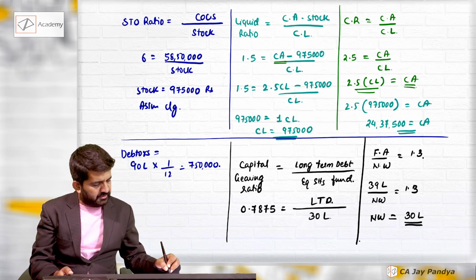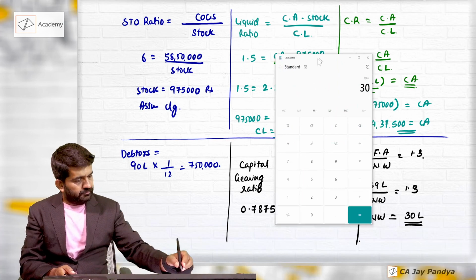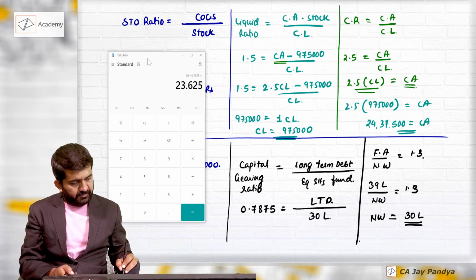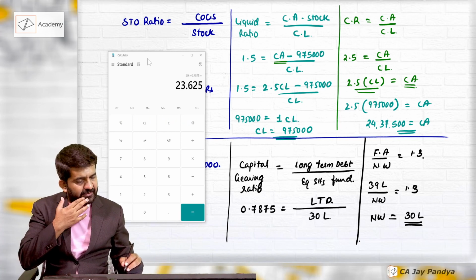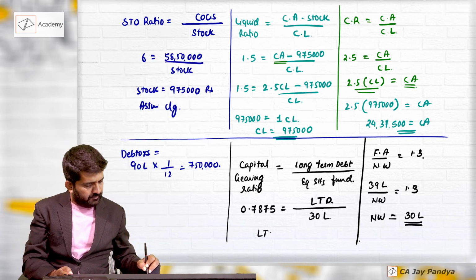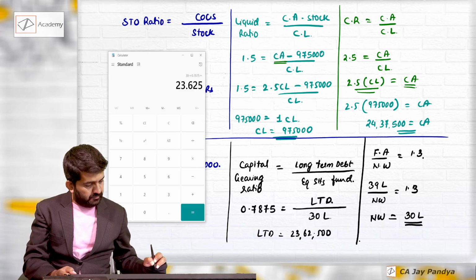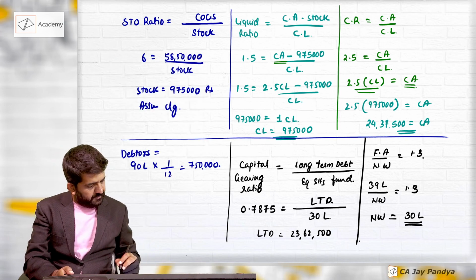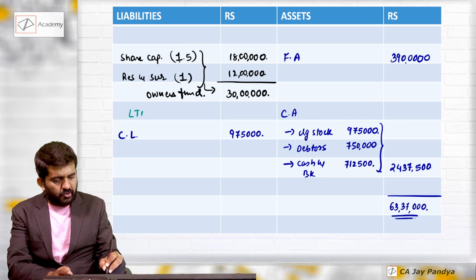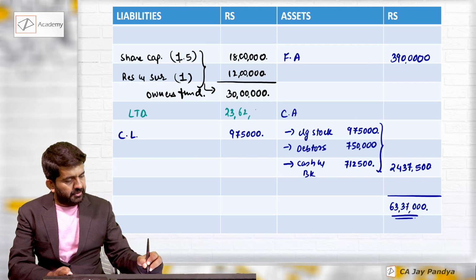I will be getting the answer of long-term debt. 30 into 0.7875, 23 lakh 62,500. Long-term debt 23 lakh 62,500.